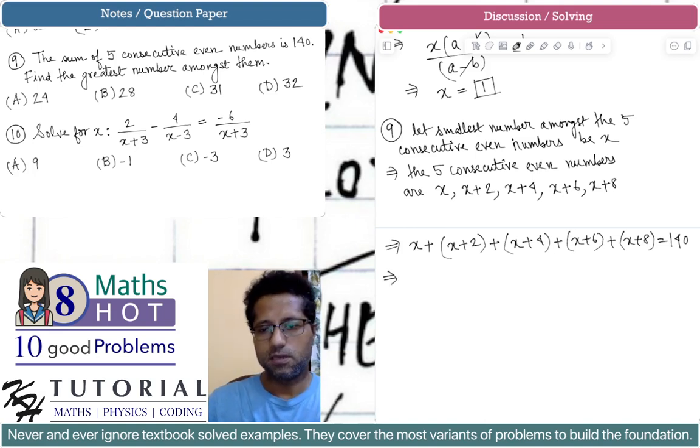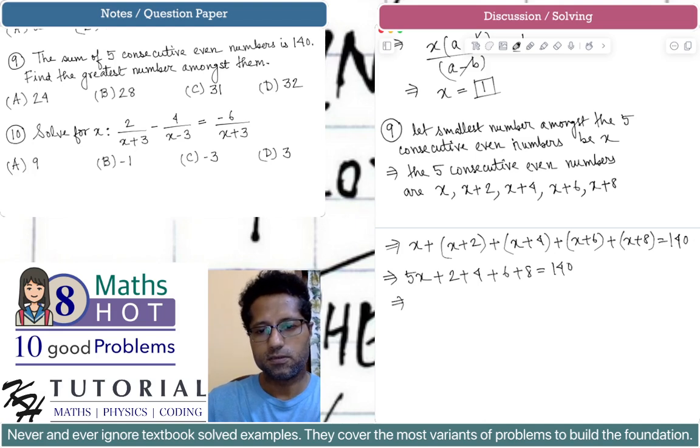This implies if you open up the brackets, we have how many x? There are 5x. So 5x plus 2 plus 4 plus 6 plus 8 is equal to 140.